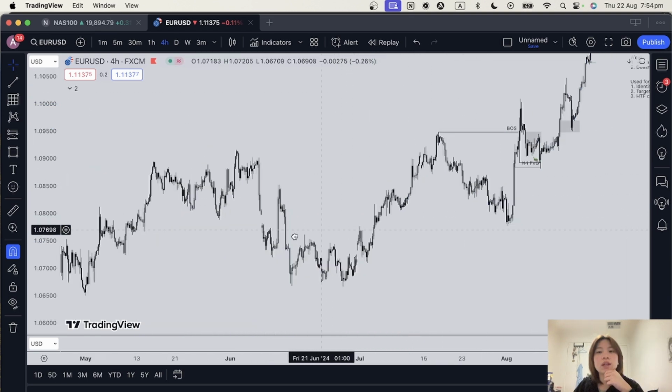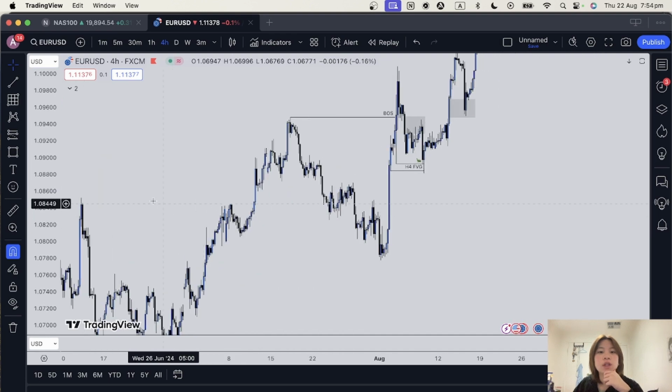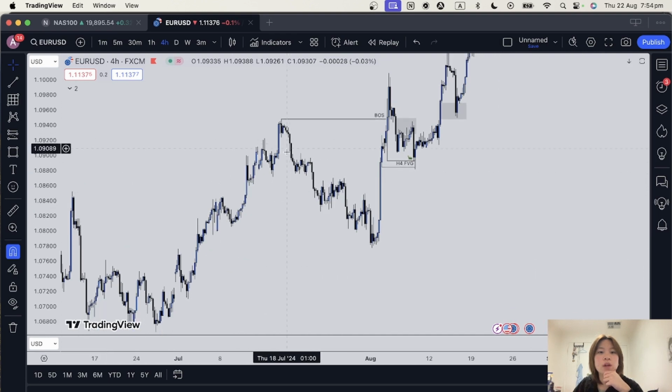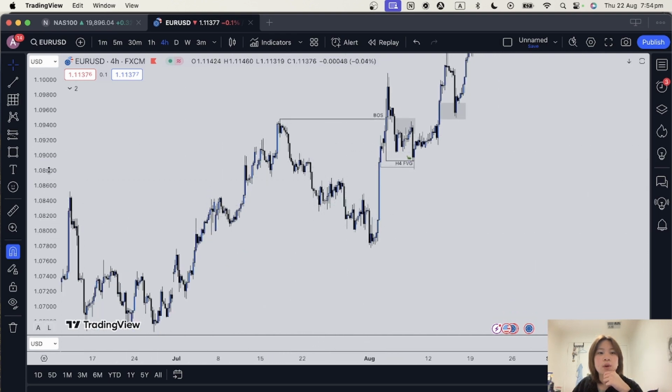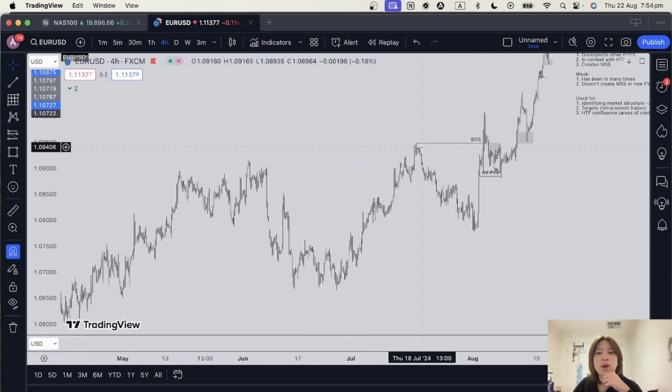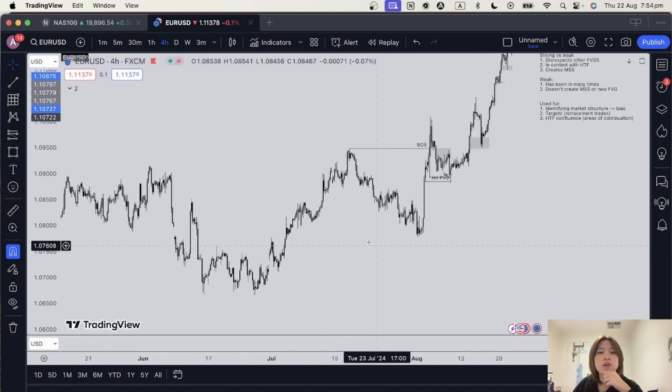This is how we can look at things on a higher time frame, right? So as we can see, we went down, right? But on a higher time frame, this was just a whole move up, a retracement, and it pushes back up. So if we refer to the breakout structure video, this is a breakout structure, right? It's an uptrend, we retrace into it, and then now we continue upwards.